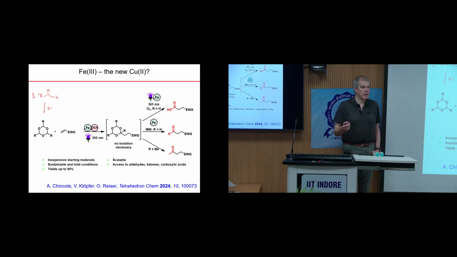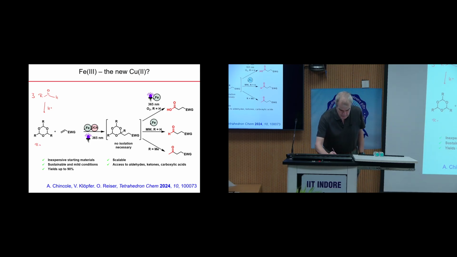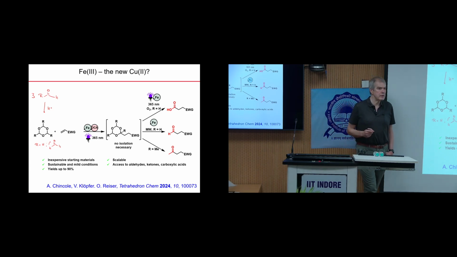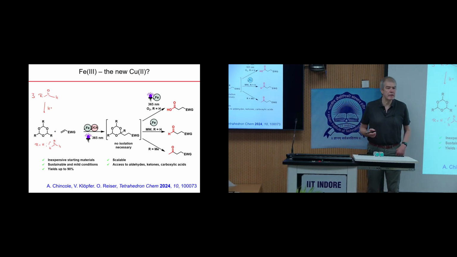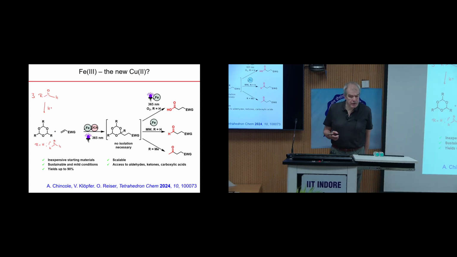In fact, the trioxane for R equals hydrogen is commercial, and this is actually an equivalent to formaldehyde, right? So we could have used formaldehyde, but to use this trioxane is actually even more convenient. Formaldehyde is a gas, or you have it in an aqueous solution, but the trioxane is a pretty good alternative if you want to use formaldehyde.